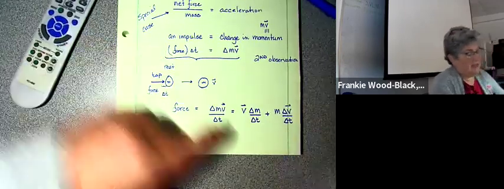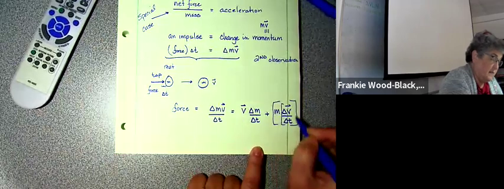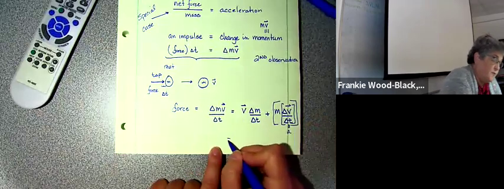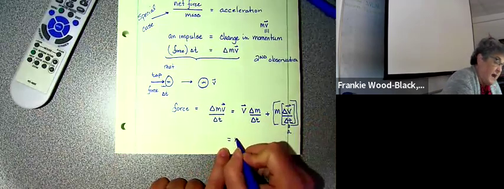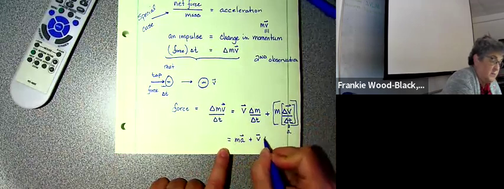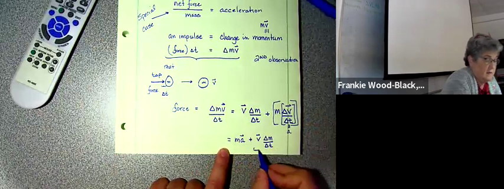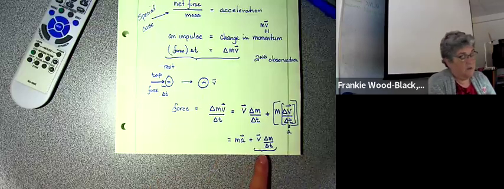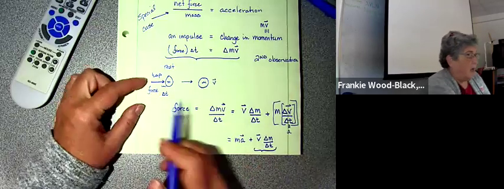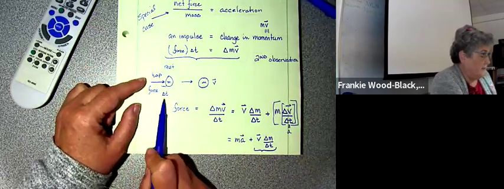All right, so I still have velocity, I still have this. Now we know what this part is, right? We've seen this part before. We know that equals acceleration. So force is actually equal to mass times acceleration, but I have this other weird term over here. Now, if I've got the ball, I've applied the tap over an instant of time.